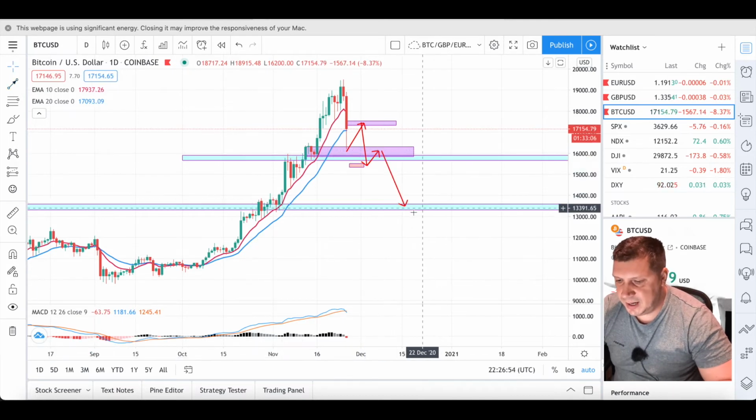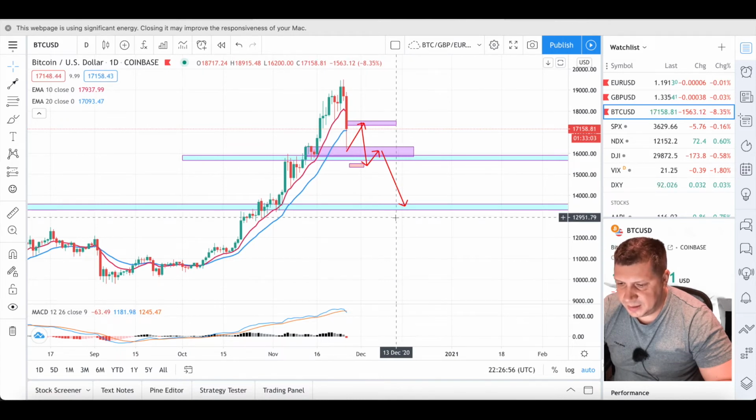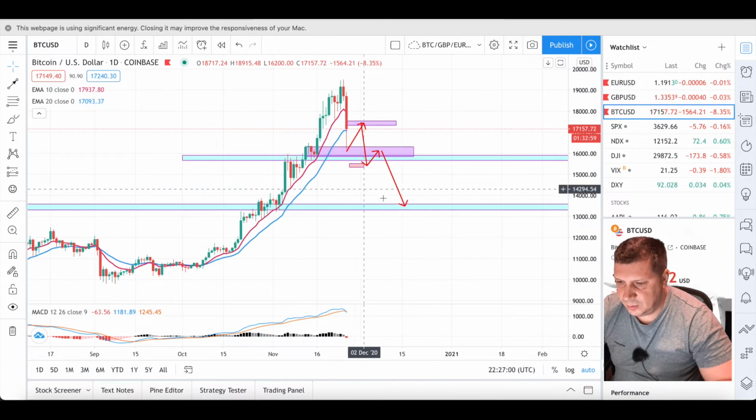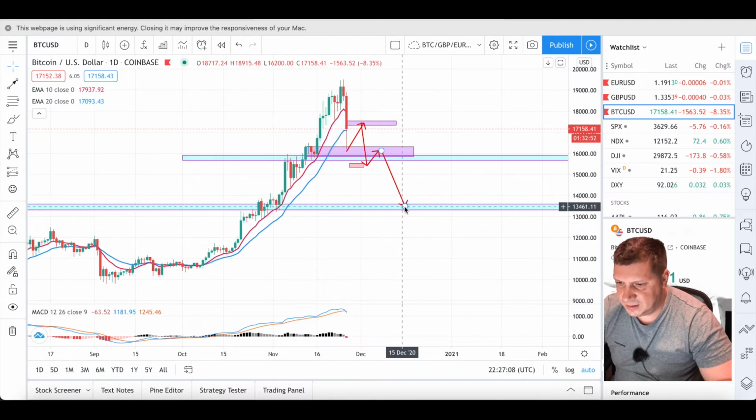When should we expect it? Probably sometime by the end of next year. We should expect another good trade. Let's see, at the end of this year we should maybe expect sometime after New Year this opportunity to go up.